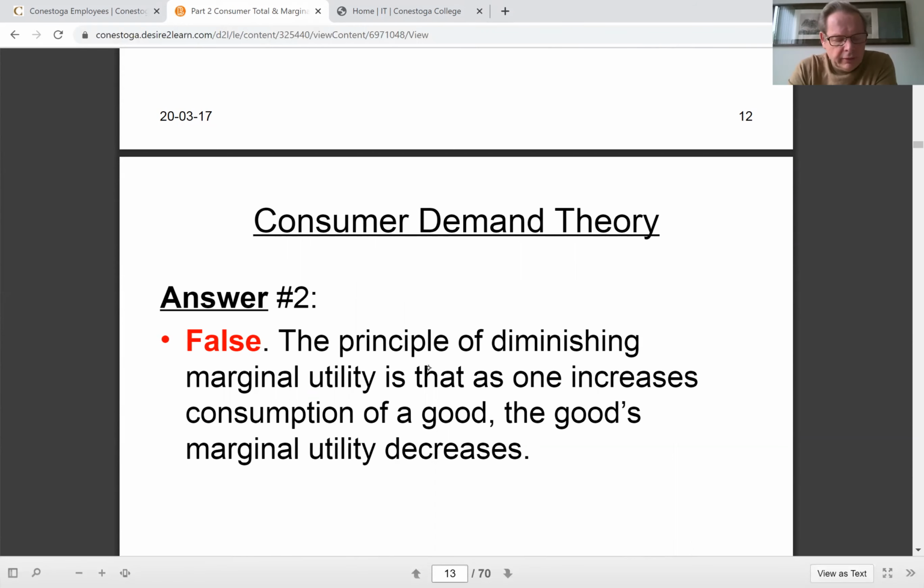As you saw in the table, we received 10 additional units for the first commodity consumed, 8 for the second, and 6 for the third. And we add up those marginal utilities and we get our total utility, and it's increasing at a decreasing rate.